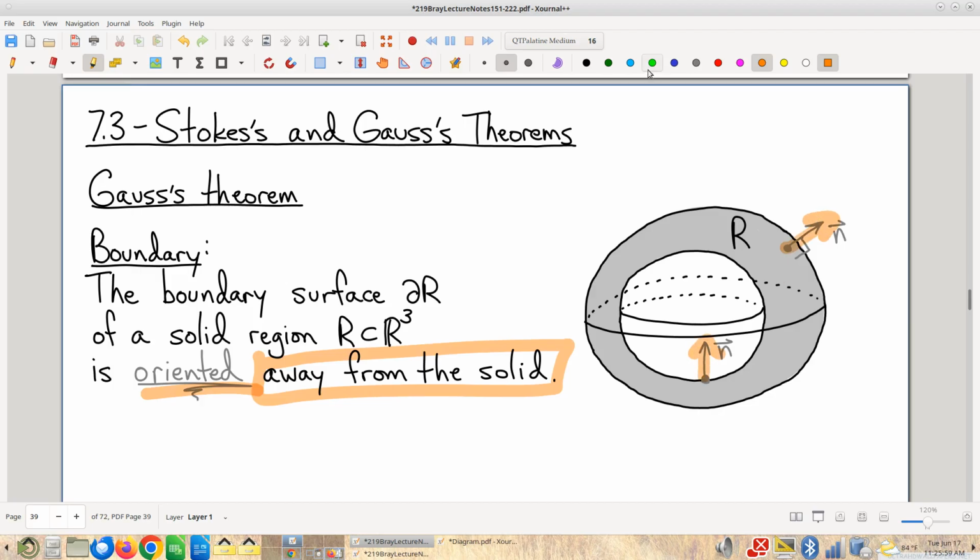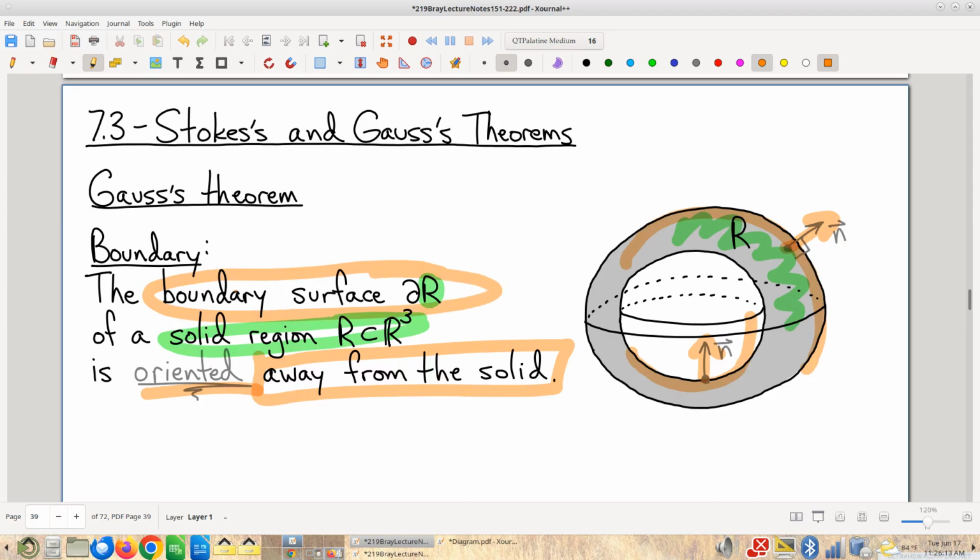If you have some region R, and you want to talk about the boundary, and that boundary needs to be oriented, the rule is, whatever you're taking the boundary of, orient on the surface in whichever direction points away from the solid, the meat of the solid.